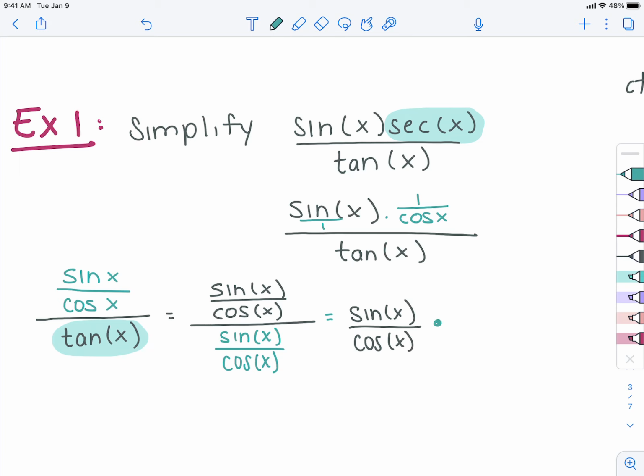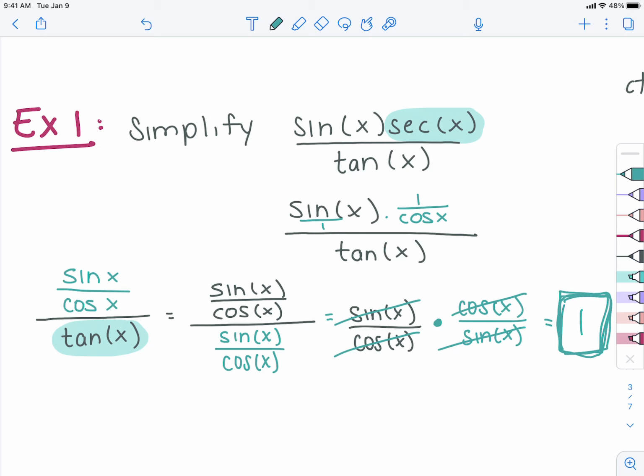I'm going to change my sign to multiplication, and I'm going to flip my bottom fraction to be cosine of x over sine of x. It makes it a little bit easier to see now that that's going to simplify to 1. Because now I can cross cancel my cosines. I can cross cancel my sines. And this whole thing simplifies down to be just 1.